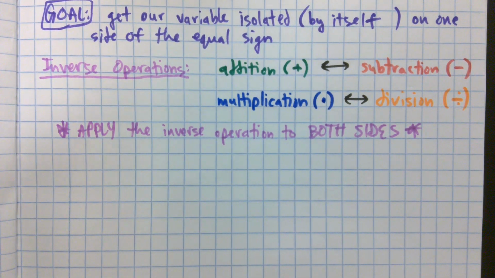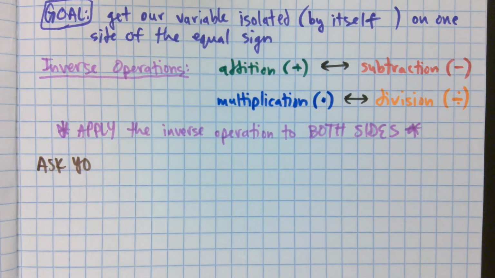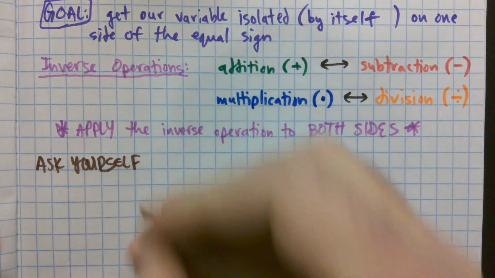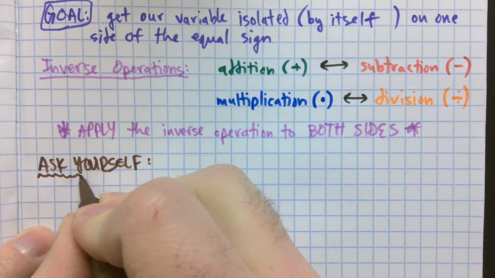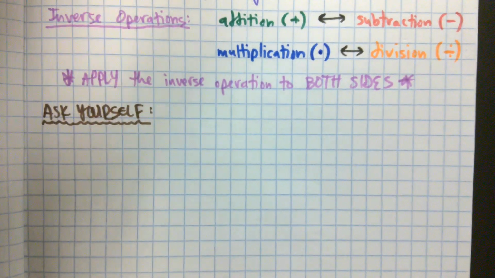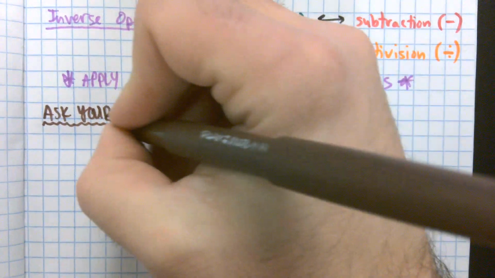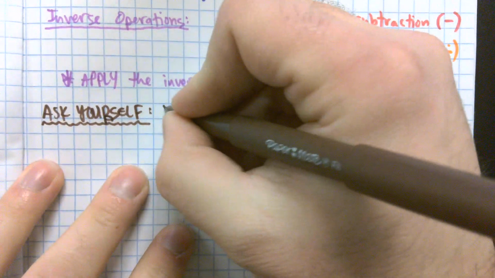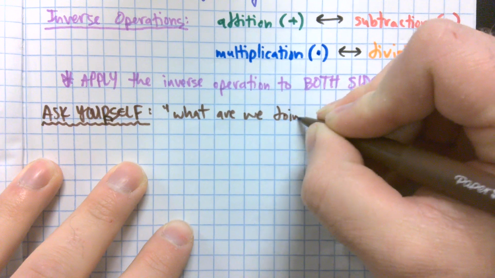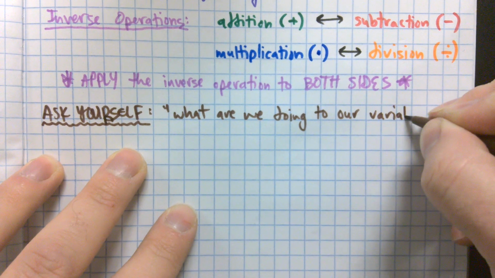So, you got to ask yourself this one question when you start out solving an equation. Now, you're not always going to need to ask yourself this, because the more we do it, the more comfortable you'll get. You'll start to see the patterns and kind of just know what to do. But starting out, you're going to ask yourself, what are we doing to our variable?